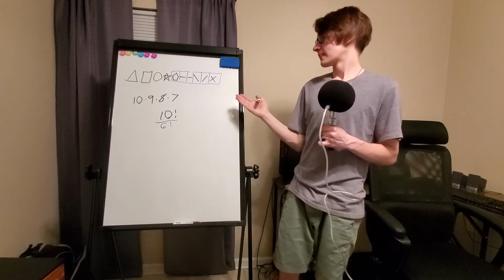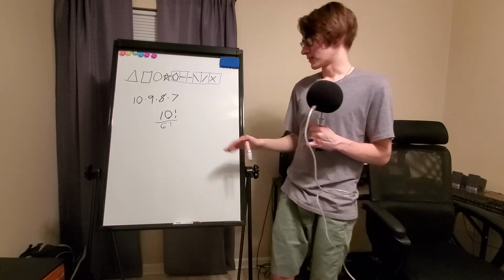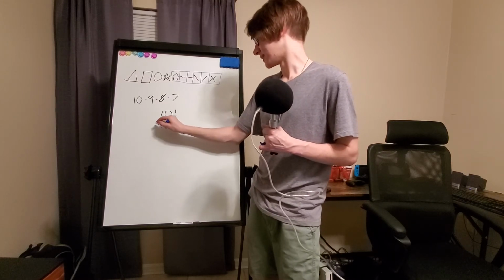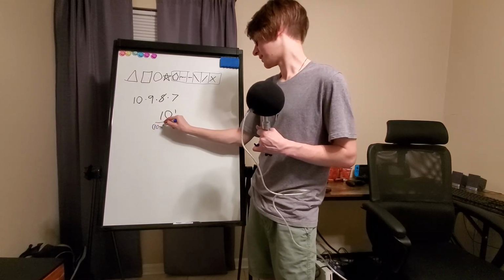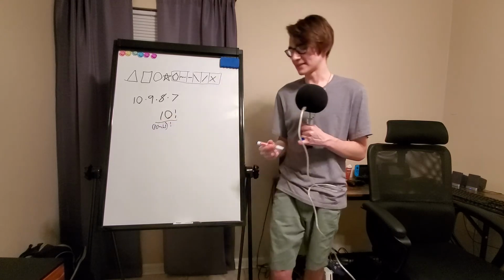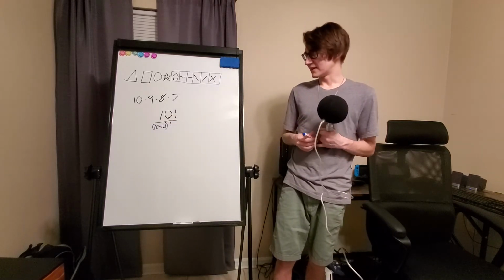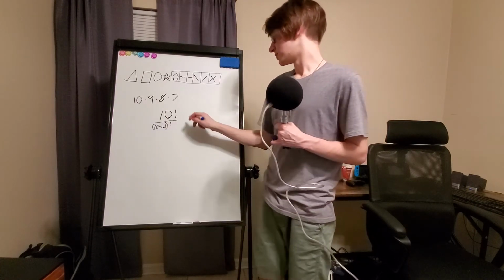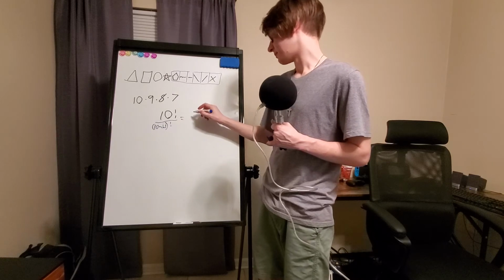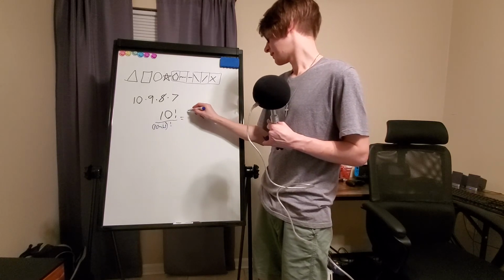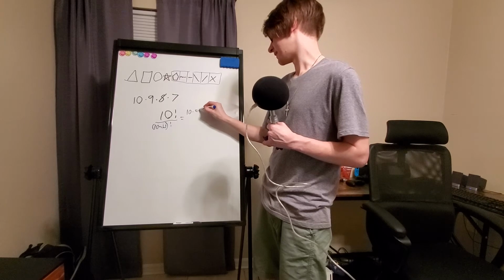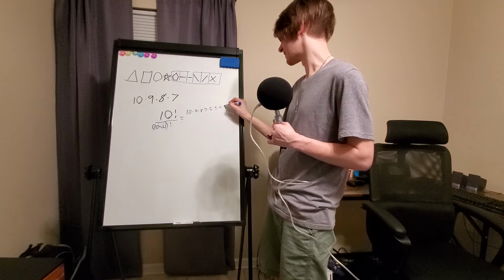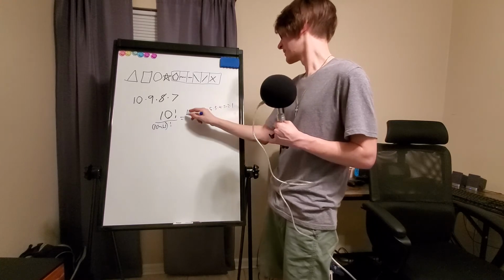In other words, we just divide out 6 factorial. And this is indeed the correct answer, except I'm going to rewrite this as 10 minus 4 factorial. And you'll see why in a second. Now, in case you're wondering, if I were to write this out manually, we would get 10 times 9 times 8 times 7 times 6 times 5 times 4 times 3 times 2 times 1.